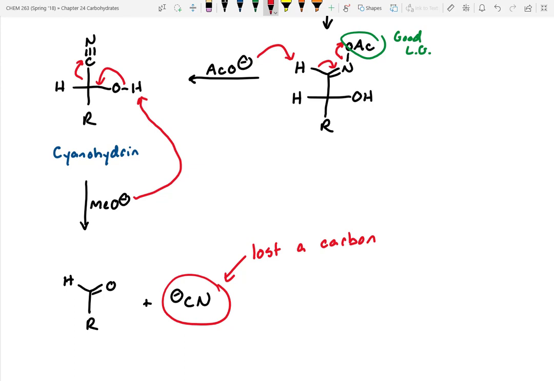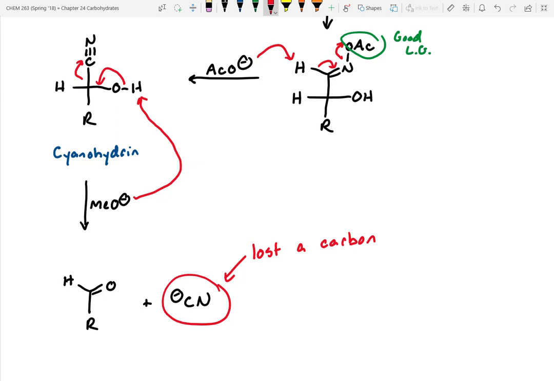The nice thing with doing the shortening reaction versus the lengthening reaction is you don't run into that problem of making epimers, right? So in this case, we're only getting one product. So quite often they did both reactions on carbohydrates and then tried to pair up the ones with similar physical properties, similar optical rotations, and they could narrow down the identity of a particular carbohydrate.